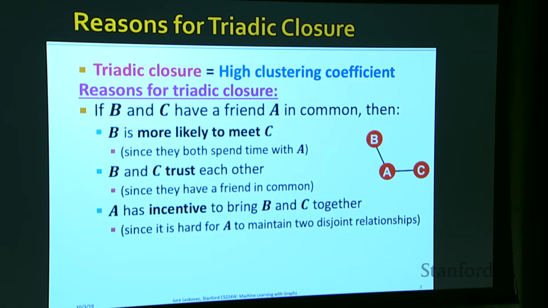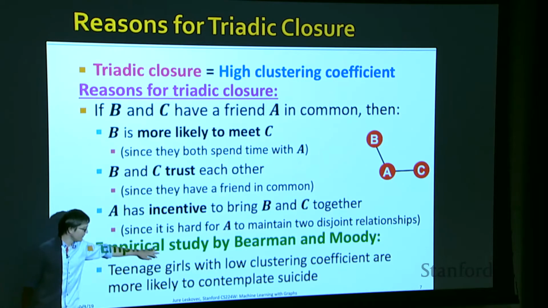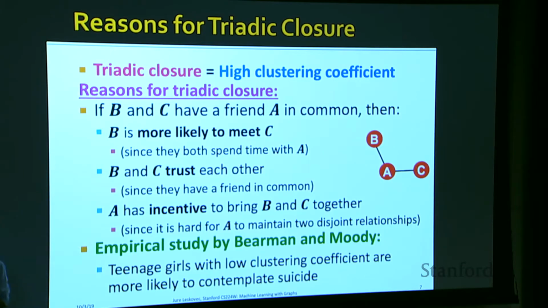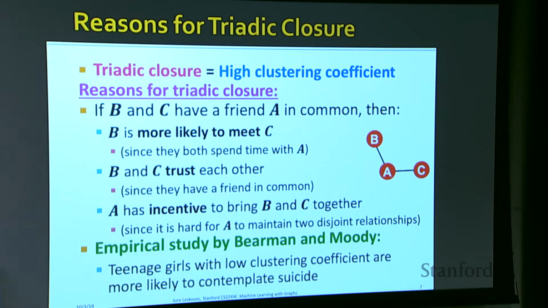And just to show you that triadic closure is important, there was a very interesting paper a few years ago by 2 sociologists who showed that for teenage girls in social networks, if their clustering coefficient is low, so if they don't have a lot of triadic closure, which means they have friends who don't know each other, they are more likely to contemplate suicide.